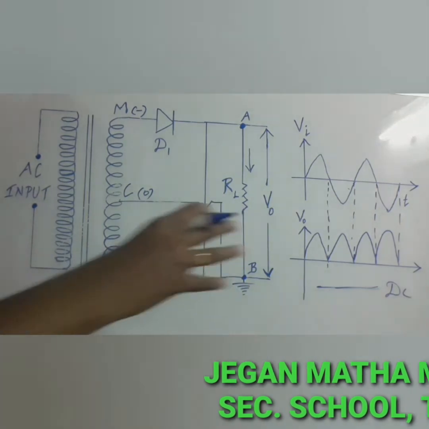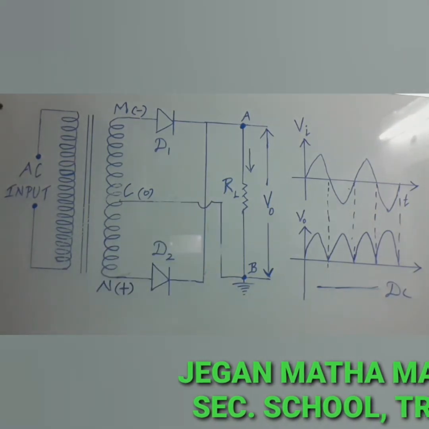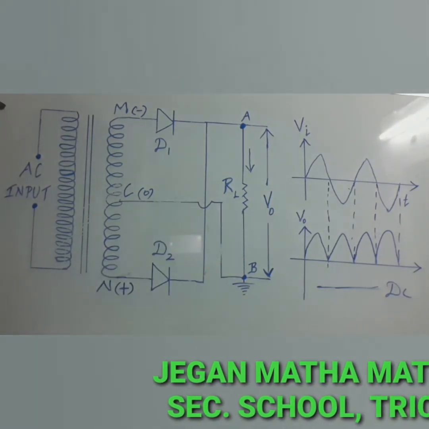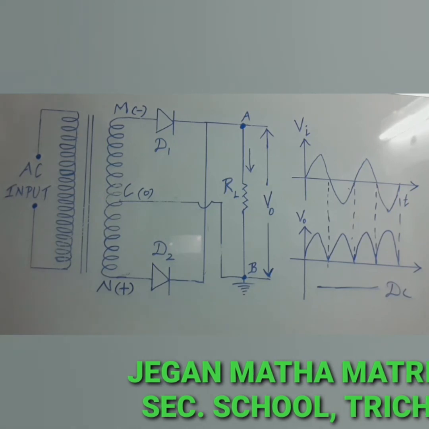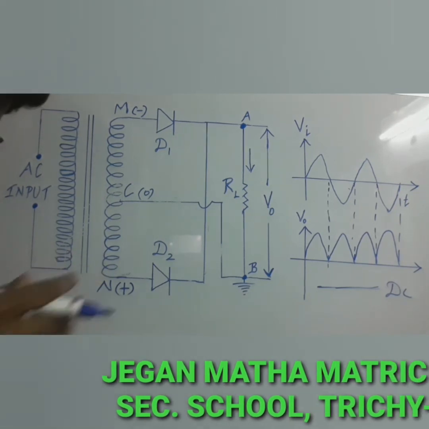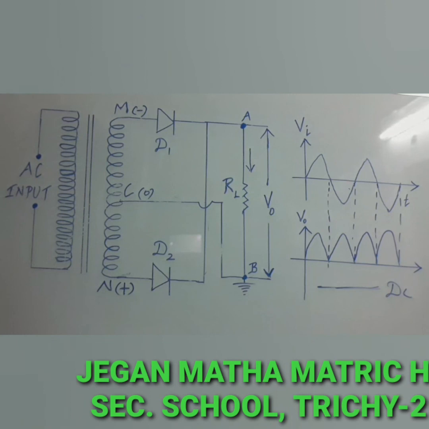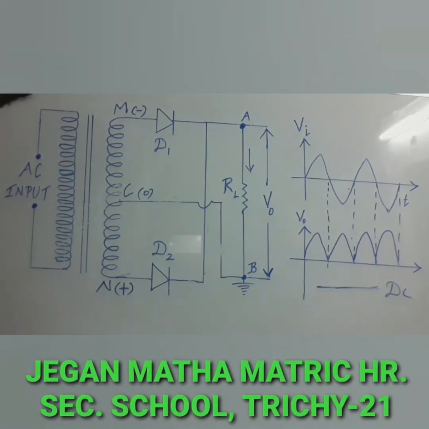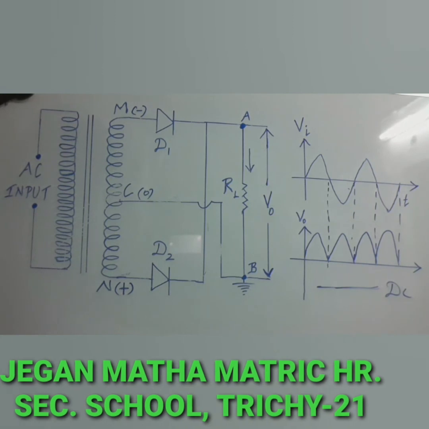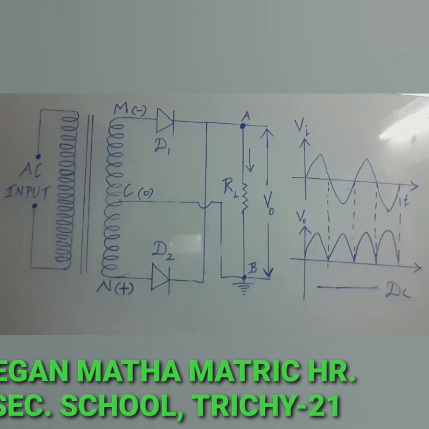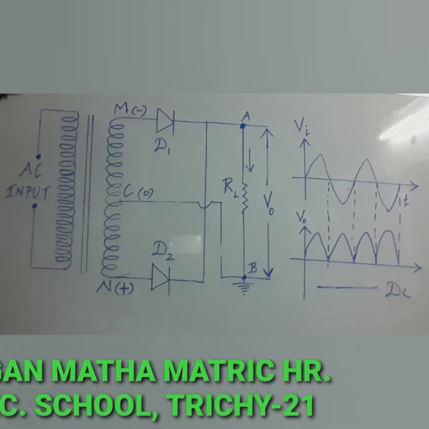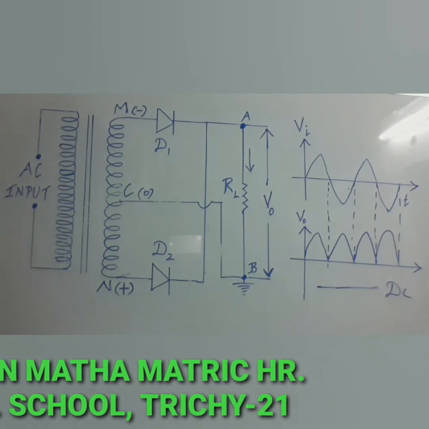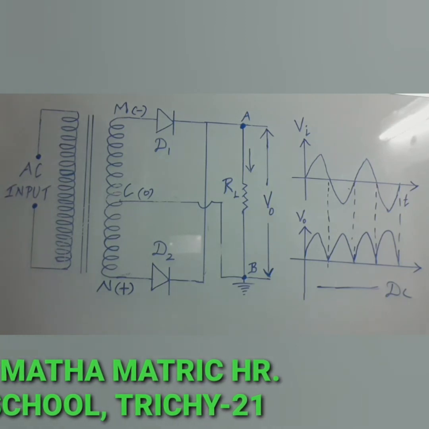To get a pure DC, we need filter circuits and voltage regulator circuits. Let us discuss the efficiency of the full wave rectifier. The efficiency of the full wave rectifier is twice that of the half wave rectifier. So what is the efficiency of the half wave rectifier? 40.6%.